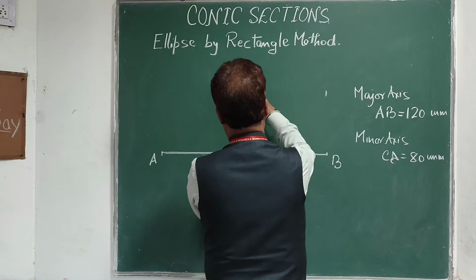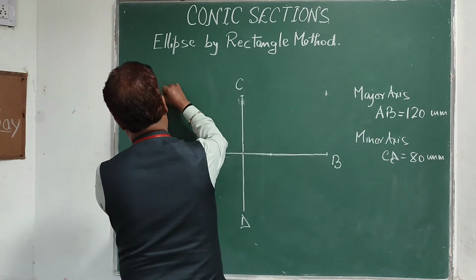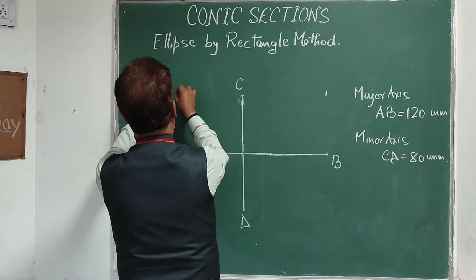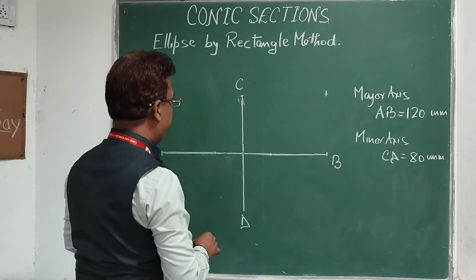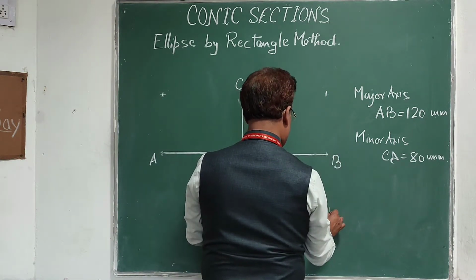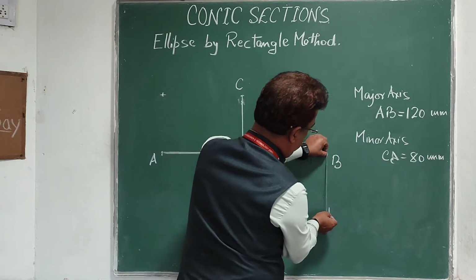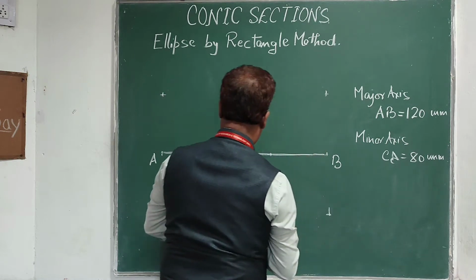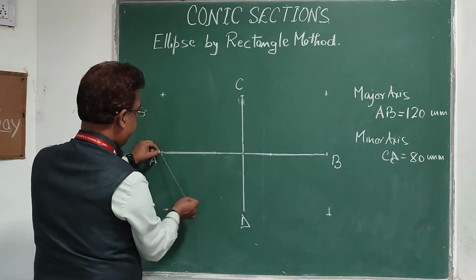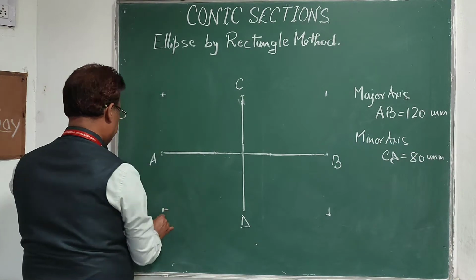So for that, I will draw parallel lines from C and D parallel to AB, and from A and B I will draw lines parallel to CD. So that is the simplest way. You can use the roller scale or mini drafter. I am using this method of arc to draw parallel lines.